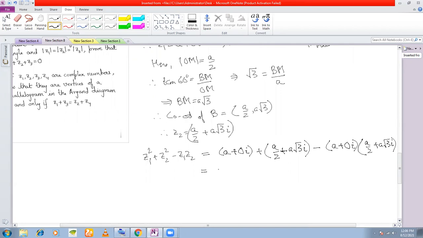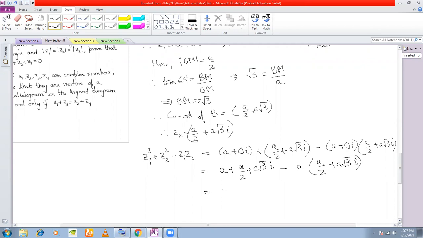Now you multiply everything. So you get a, in fact, add everything, not multiply. Multiply only the last two ones. So you get a plus a by 2 plus a root 3i. This is what you get here. And here if you multiply, you get, let's write this as a into a by 2 plus a root 3i.